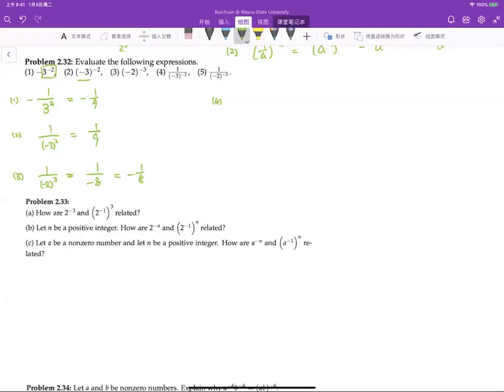Yeah, okay, so 1 over negative third, the negative second power, you can use the property to make it 1 over negative 2 to the third power. Oh, number 4. The base is negative 3. Yeah, it's negative 3.